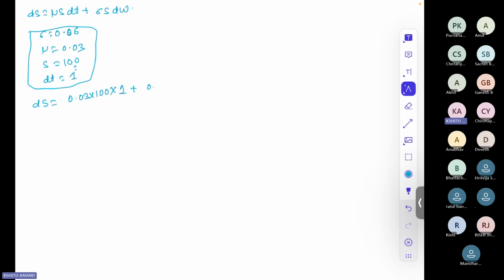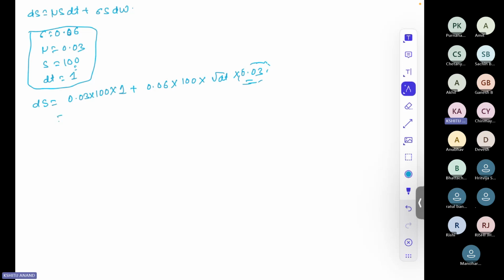Sigma is 0.06, S is 100, and dW will come from root dt and a normal distribution of 0 to 1. Let us say the value we get is 0.03. This value will be random, so every time you execute it, you will get a different value.